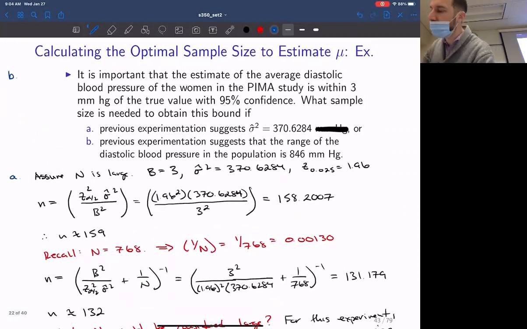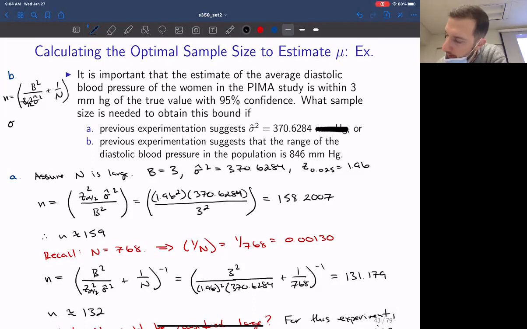Okay, so the process for B would be the same. We have the same formula: n is equal to B squared over z alpha over 2 squared sigma squared plus 1 over N. The difference here is that our estimate of the standard deviation is going to be built using the range that is given to us in the population.